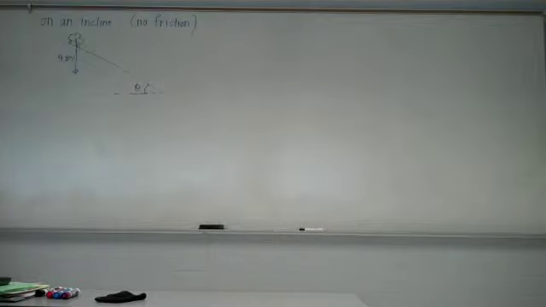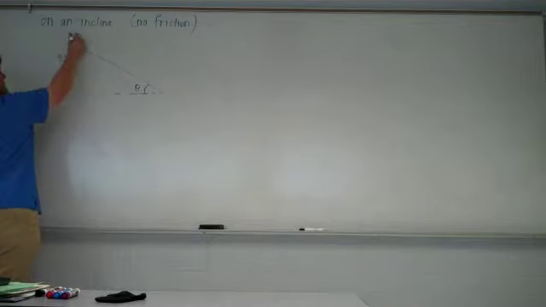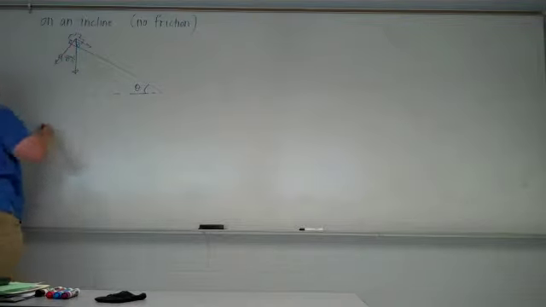What we have to do is, with vectors, we're going to talk a lot more about vectors on Monday, but with vectors, you can break down a vector into what we call components. We can break down this vector into a piece that's parallel to the incline and a piece that's perpendicular to the incline. Okay?